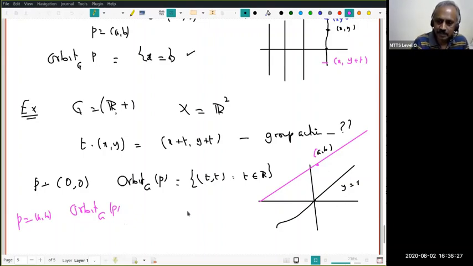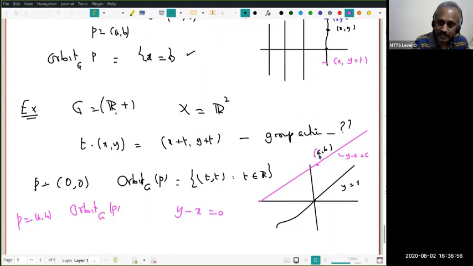What does it mean? Any line which is parallel to this line, y minus x equal to 0, must be of the form y minus x equal to some constant c. Do you understand this? The orbit of the point (a, b) must be the line y minus x equal to some constant c. So all I have to do is prove that. But I already guessed it. But that constant also I can find out. Why?